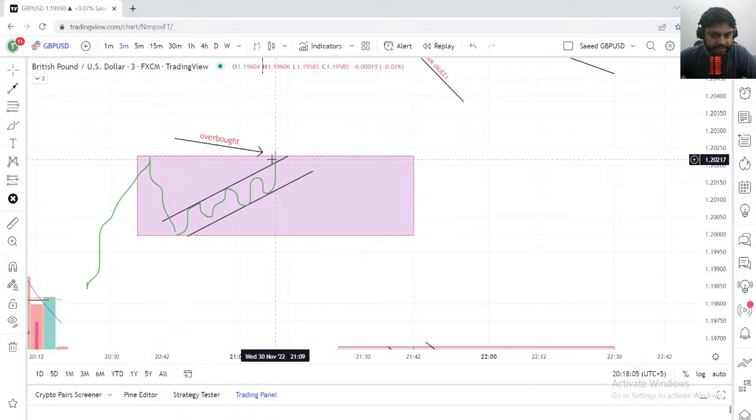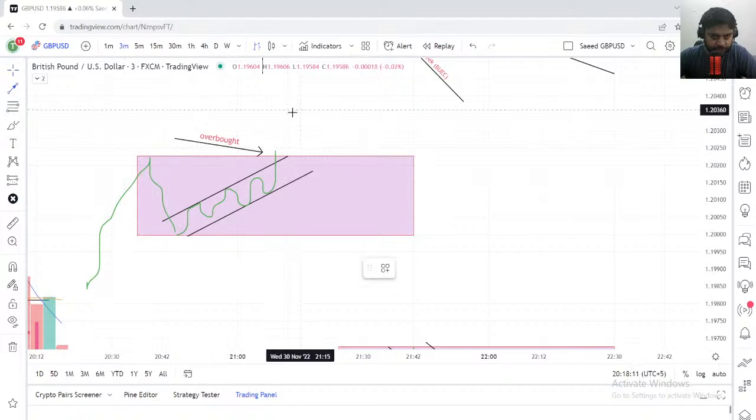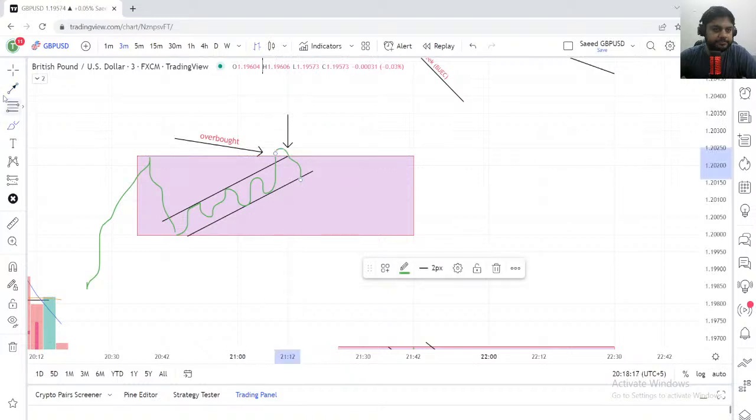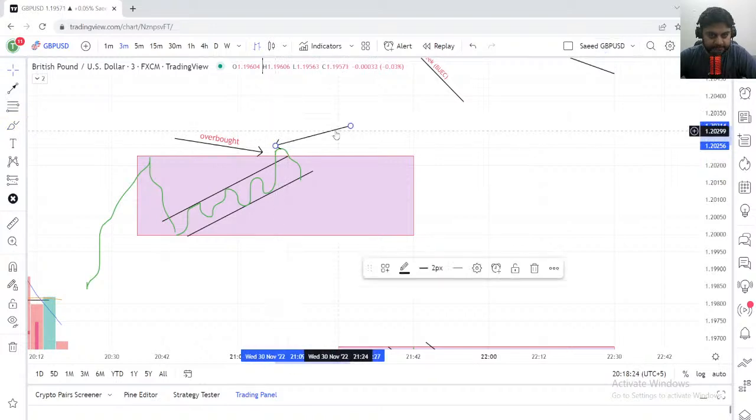And remember, the market is overbought as well as preparing for a UT, upthrust. So you will have a UT over here like this. So you can sell over here, right? Because this is an amazing opportunity to sell.